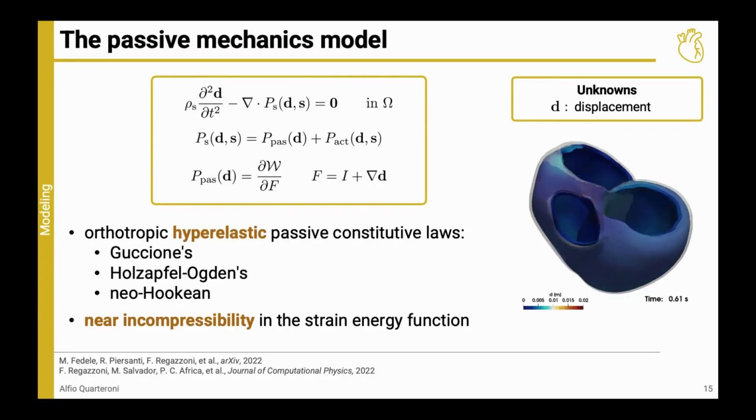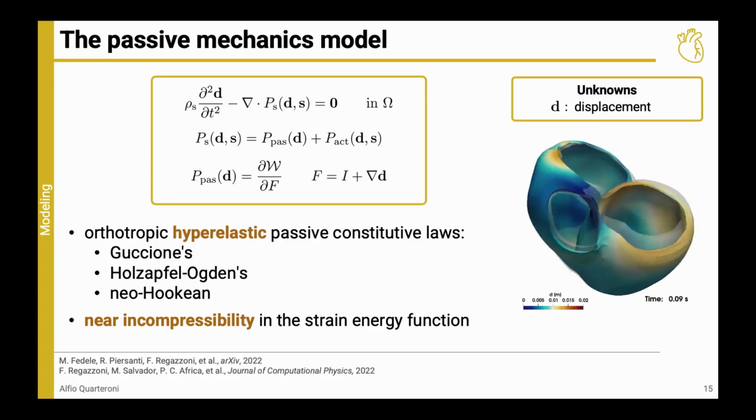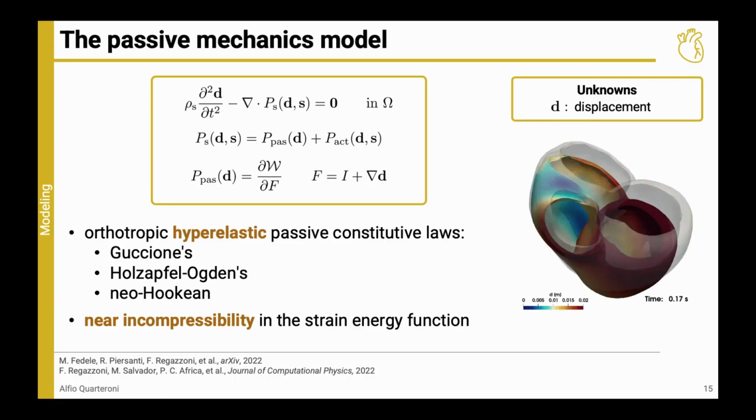And this is the classic elastodynamic equation, with the Cauchy stress, for those who know about continuum mechanics, which has a very specific form here: it is the sum of the classical Cauchy stress for the passive component plus the active component, which is the one that I described before.